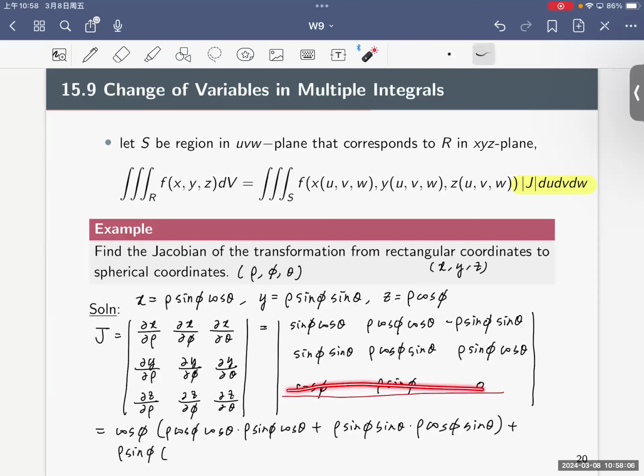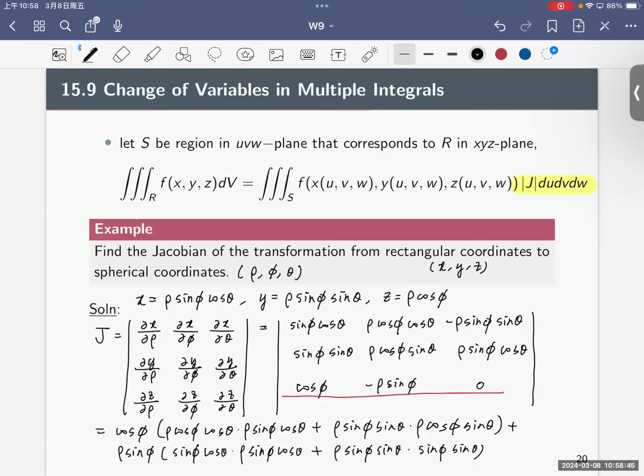I delete the row and column it is in, so I have this times this minus this times that for the remaining second order determinant: sine phi cosine theta times rho sine phi cosine theta, minus a negative makes a plus, rho sine phi sine theta times sine phi sine theta.